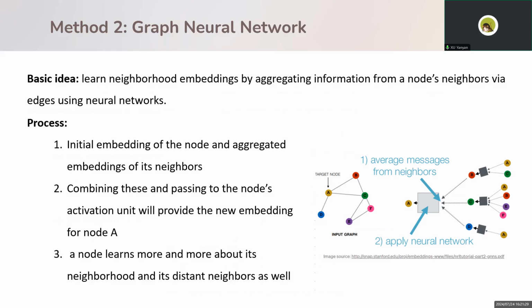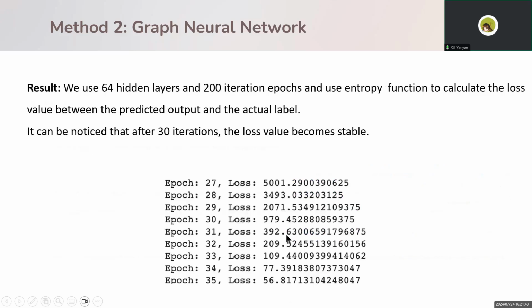The basic idea is to learn neighborhood embeddings by aggregating information from a node's neighbors via edges using neural networks, and the process is shown on the slide.